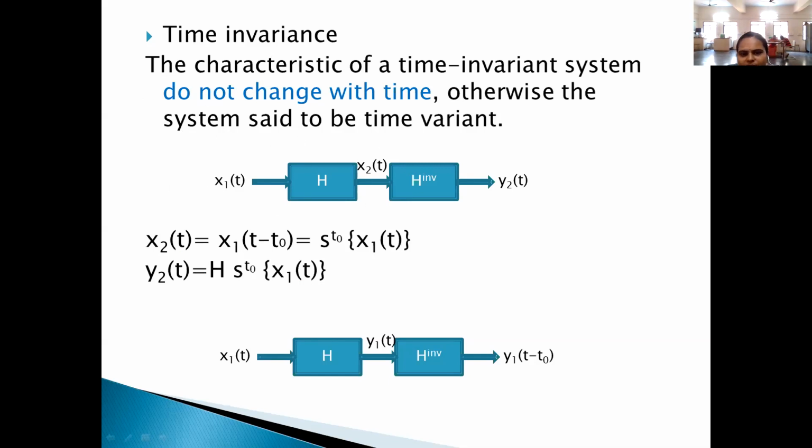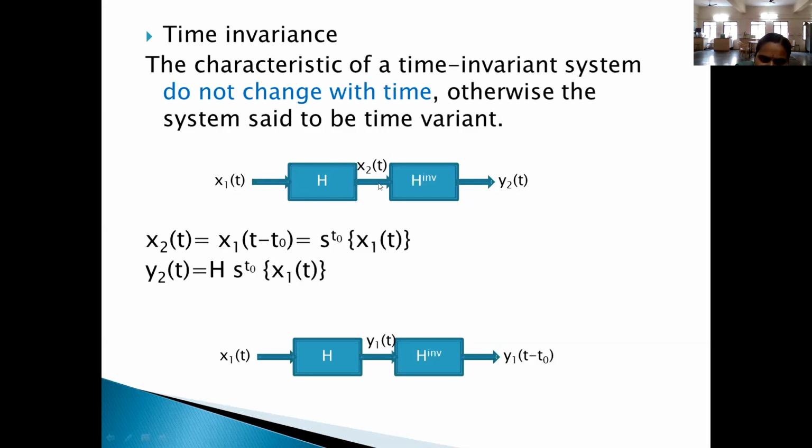Here, an example is taken. This is one operation, a system operator, that is H and H inverse. The input we give is x1 of t, and you get the intermediate signal x2 of t, and the output y2 of t. Now I will write the equation for x2 of t. x1 of t is shifted, H means the shifting operation, that is x1 of t minus t naught. That shifting operation, t naught, is taken as s power t naught of x1 of t.